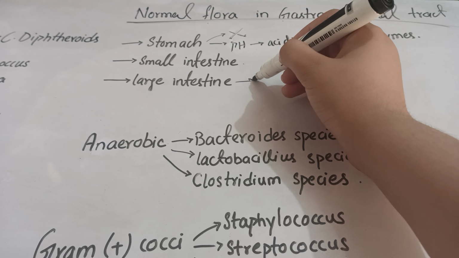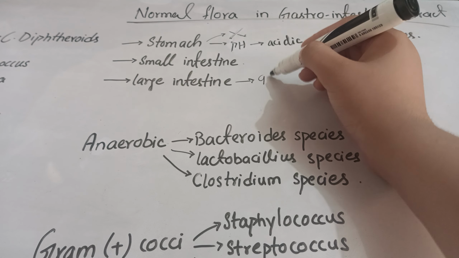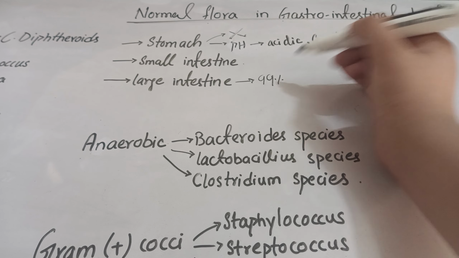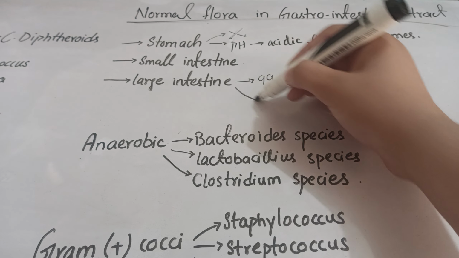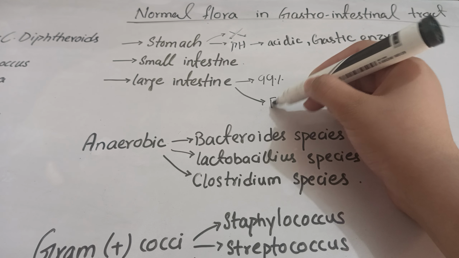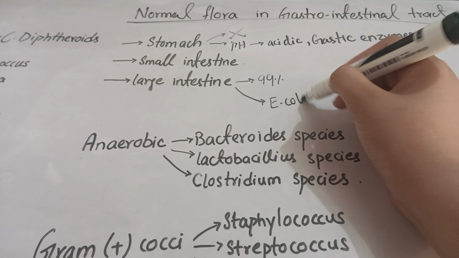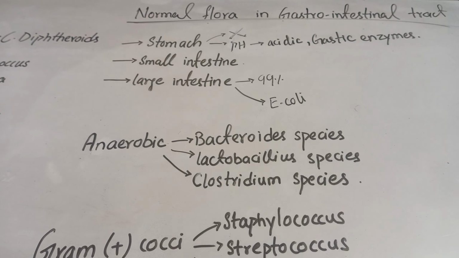Your large intestine mostly consists of normal flora. About 99% of the large intestine contents are bacteria. Besides bacteria, there are also fungi and viruses present. The most important bacteria present in the large intestine is E. coli. It can survive in that situation and provides a lot of benefits to your large intestine.